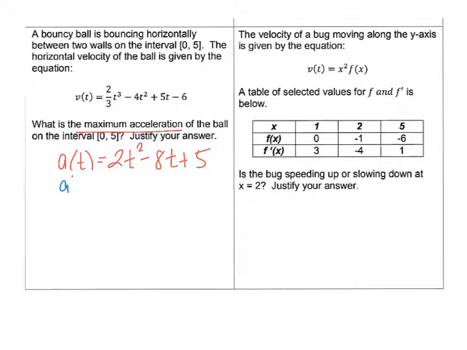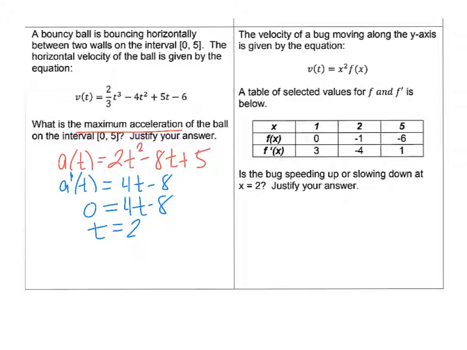But I want to find the critical point so that I could plug it back into this function. So a prime of t is going to be equal to 4t minus 8. Set that equal to 0. So 4t minus 8 is equal to 0. That means my time is going to be equal to 2. So when a prime of t is 0, then time is equal to 2.